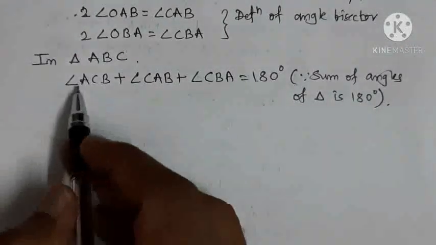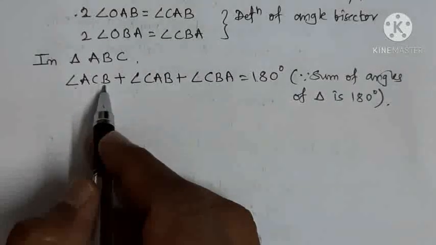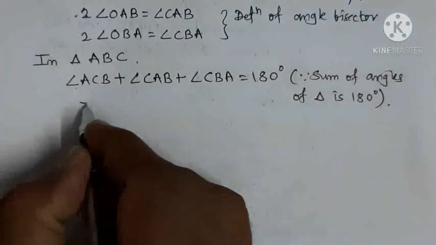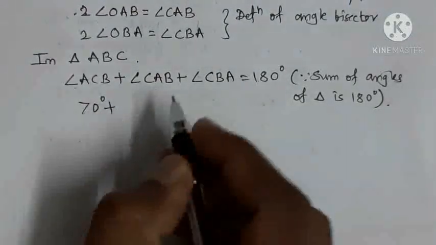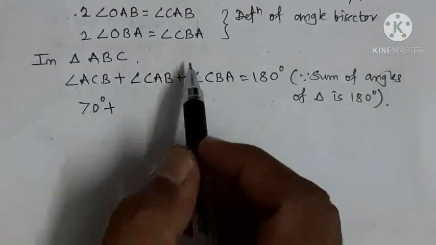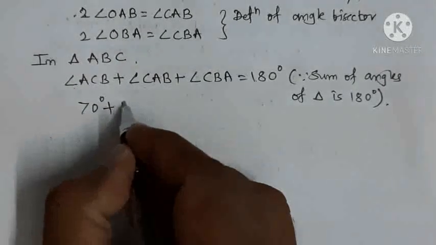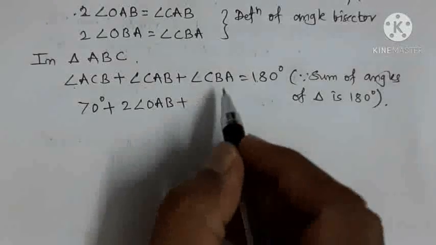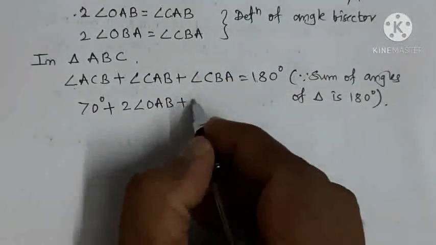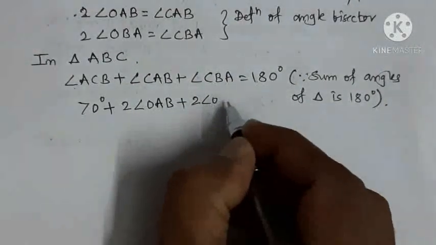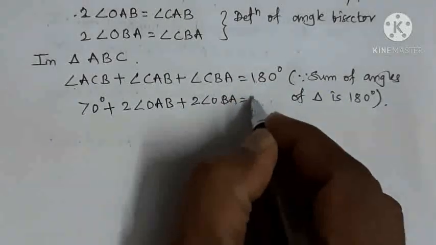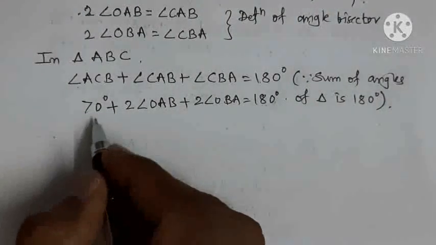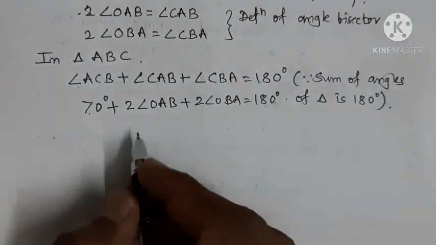Now put the value of angle ACB. We know that angle ACB, that is angle C, that is equal to 70 degree, plus angle CAB, that is 2 times of angle OAB, plus angle CBA, that is 2 times of angle OBA, is equal to 180 degree. Now take and put 70 into right hand side.